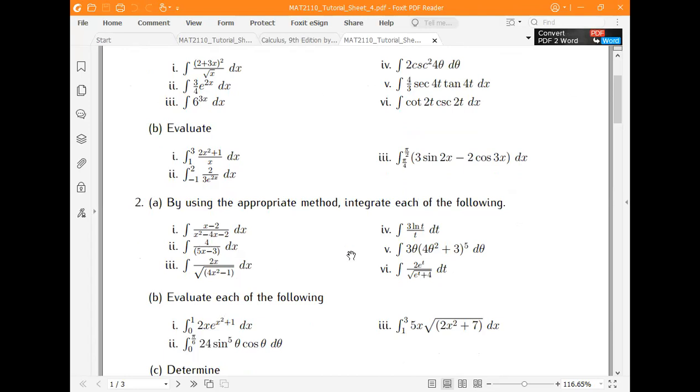Question 2a, part 1, you have the integral of x minus 2 over x squared minus 4x minus 2 dx.